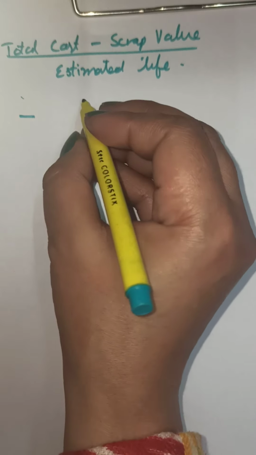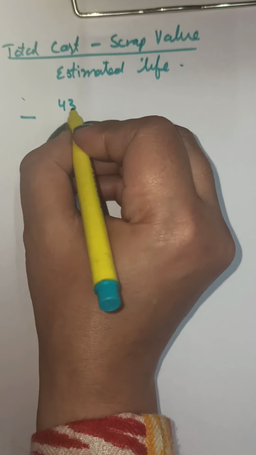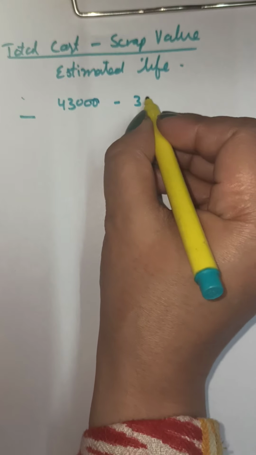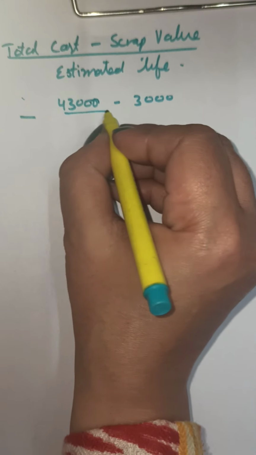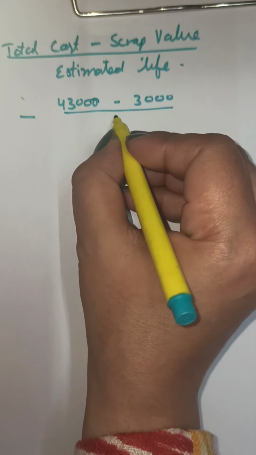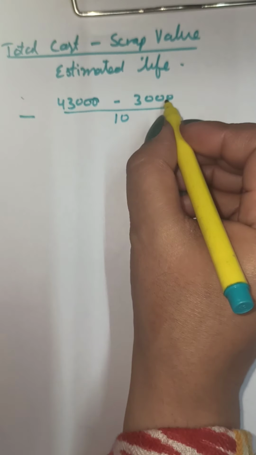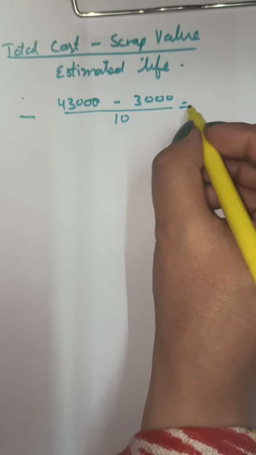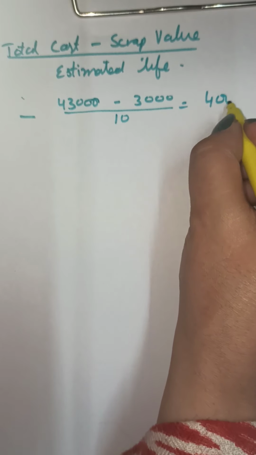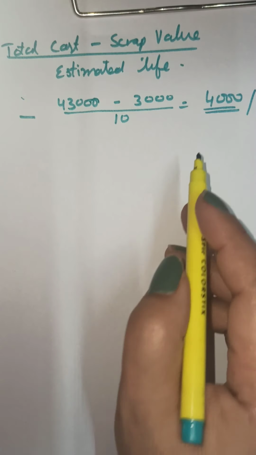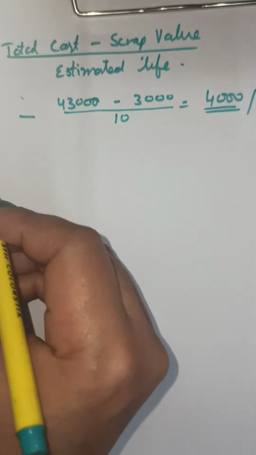The total cost is rupees 43,000 as given, minus scrap value 3,000, and the asset is useful for 10 years. So 43,000 minus 3,000, 40,000 upon 10. The depreciation of the asset will be rupees 4,000 per year. This is asset number 1.